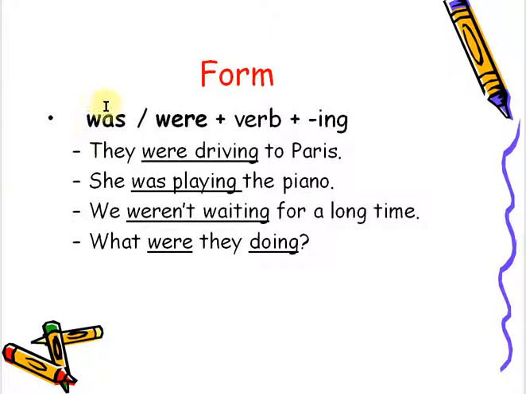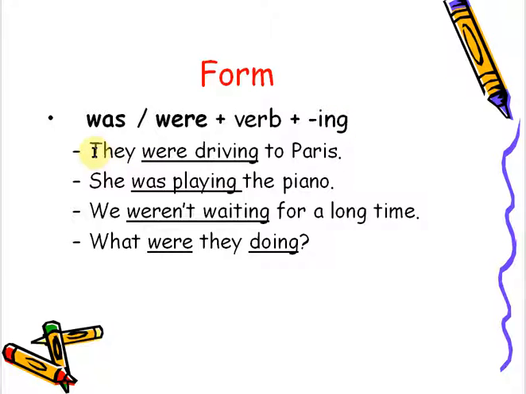Past continuous is formed with the past form of the verb to be. The past form is was for I, he, she, and it, but were for we, you, and they, plus the base form of the main verb to which you add ing.